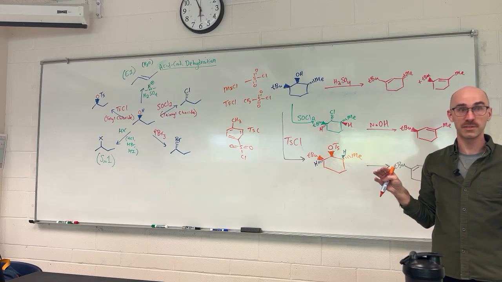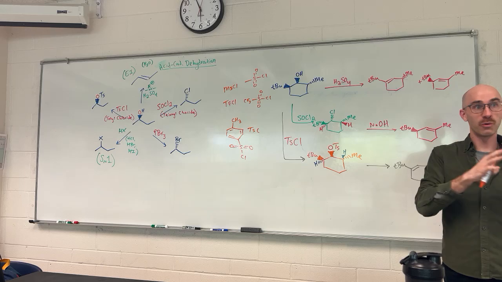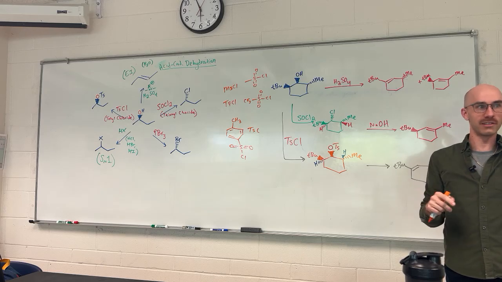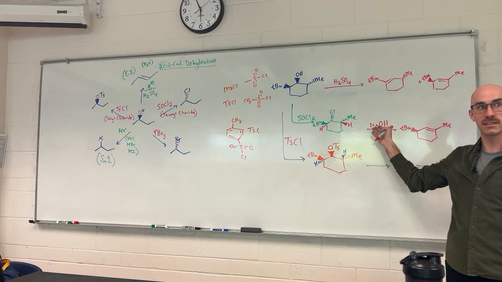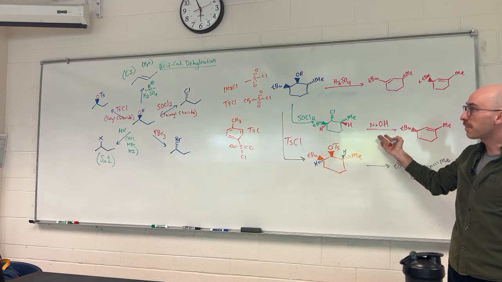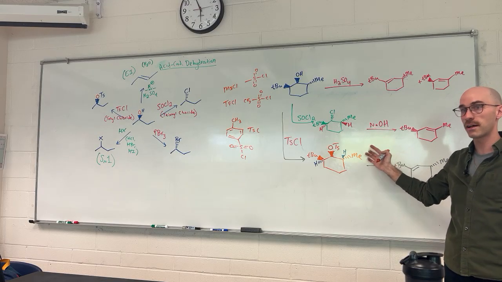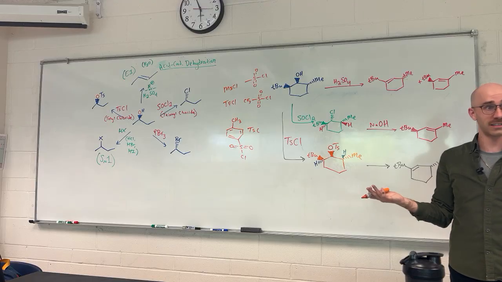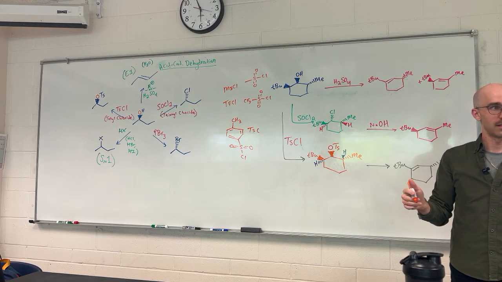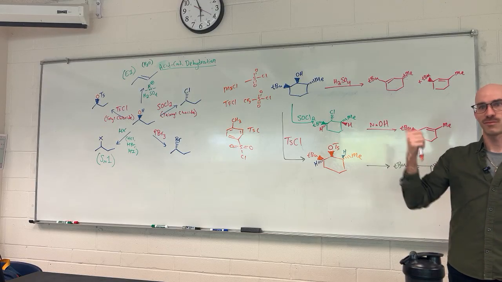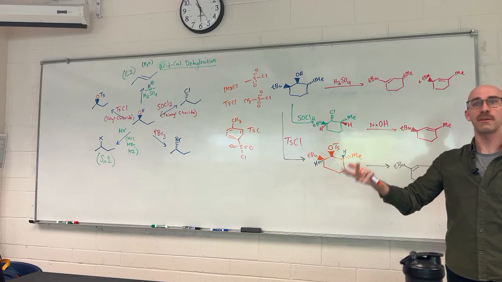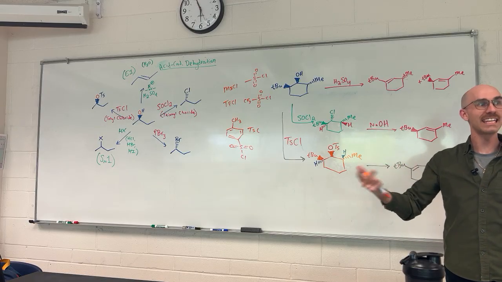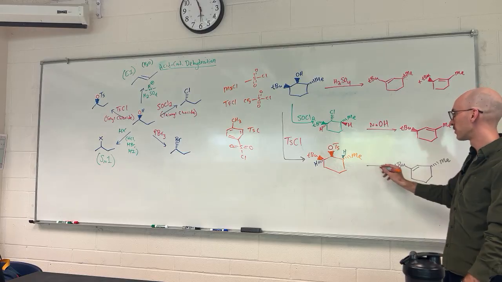I do not want it to be E1, which will go in either direction. It is not stereospecific. So I could use sodium hydroxide, sodium methoxide, sodium ethoxide, sodium tert-butoxide even would work here. Things that would not work: water, methanol, ethanol, those are all weak bases that will run E1 rather than E2.